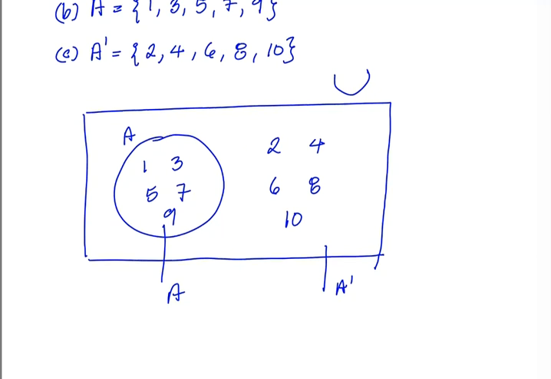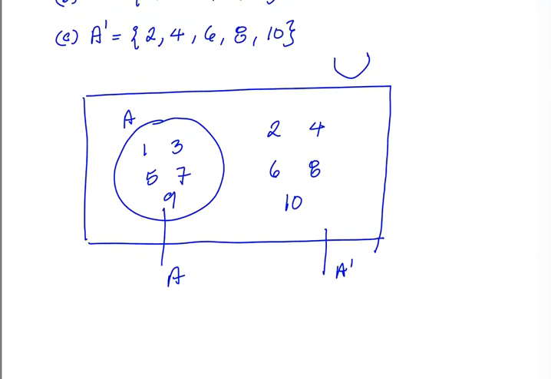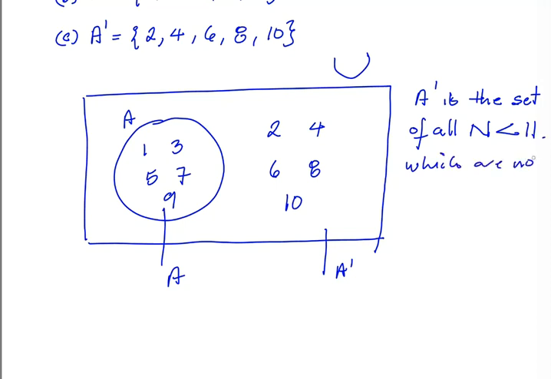Lastly, I think we're asked to describe A complement. I could say that A complement is the set of all natural numbers which are less than 11 and are not odd numbers.